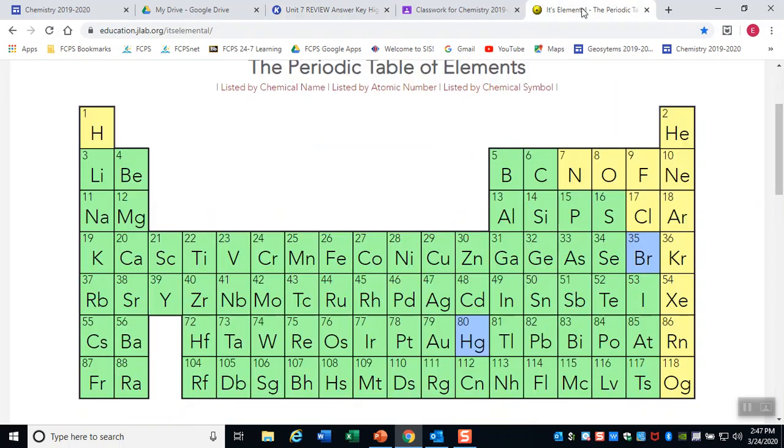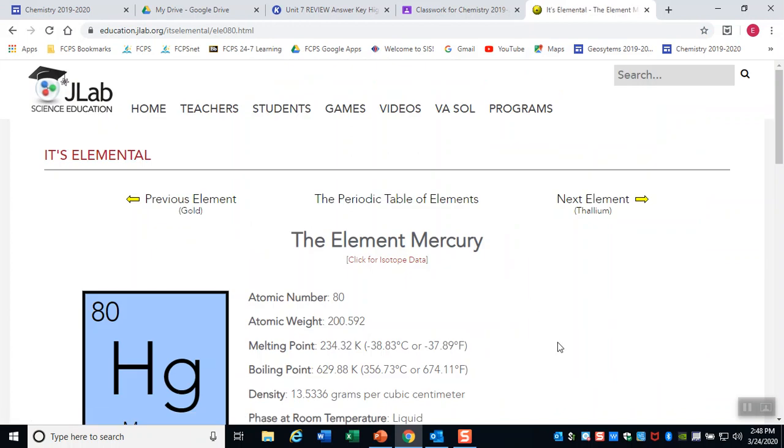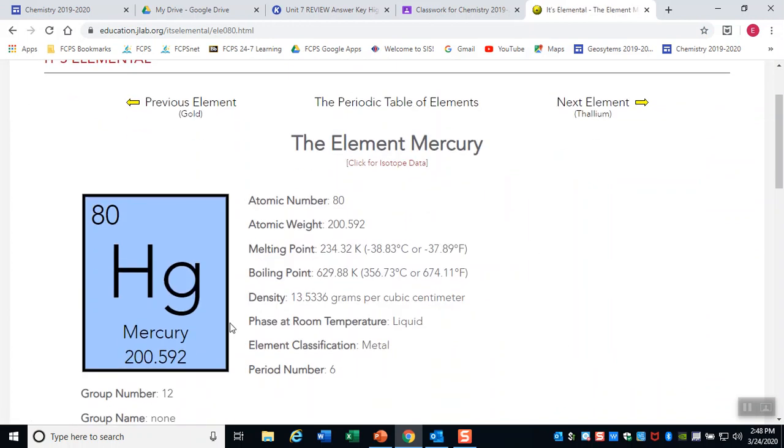All right. So where's mercury? Here's mercury. The mass of it is 201 if we round up.